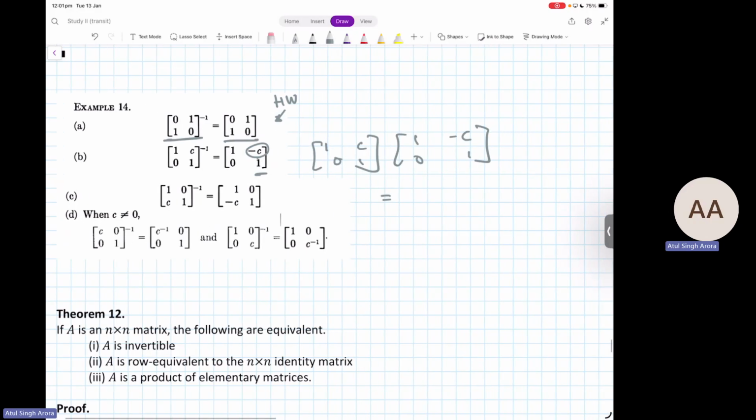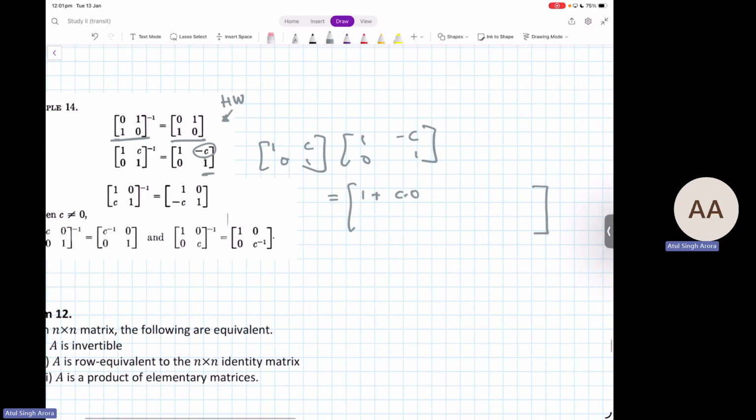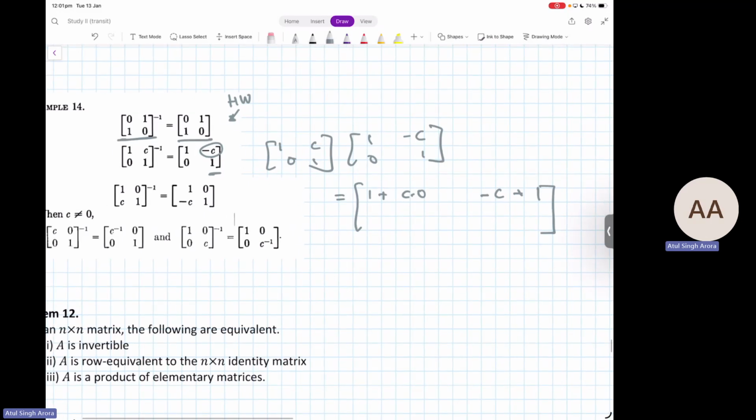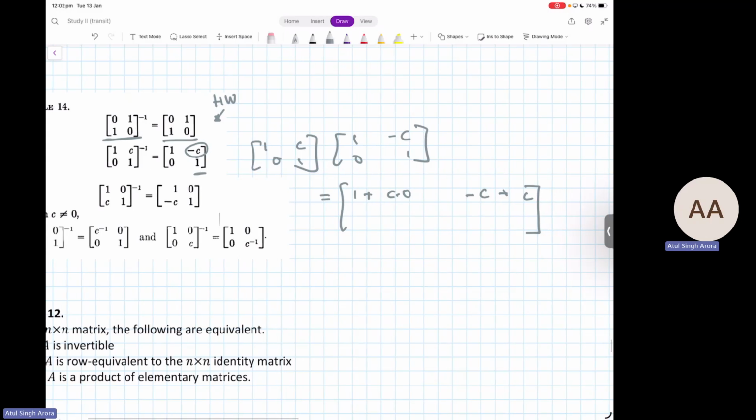Let's go through one example at least. So what is the answer? What is the first entry? Expand it out, so 1 plus c times 0. That's the first entry. What is the next entry? Ah, I forgot the c. Right, we want it to be identity. Good.